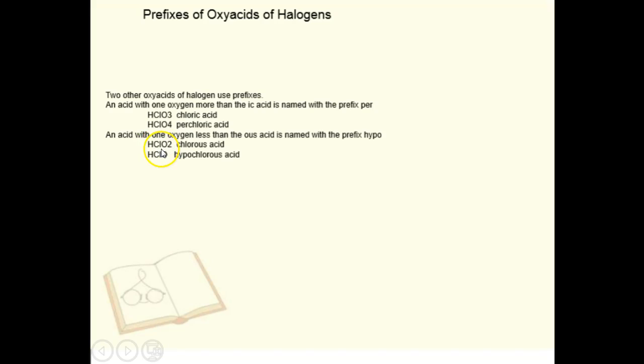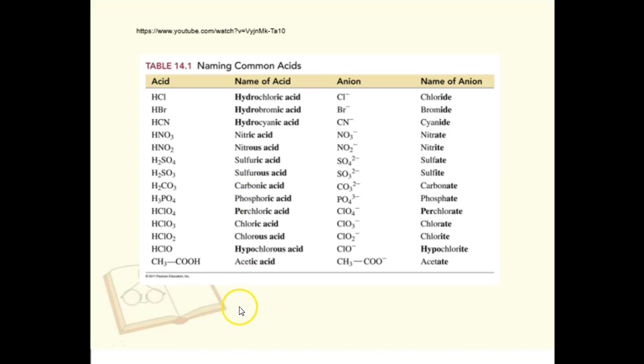The same thing here with chlorous acid. We have one less than that, and we're going to call it hypochlorous acid. Okay, so here is our table that we were referencing, and I said to you, please make sure that you are comfortable with this. You'll see it on the test.